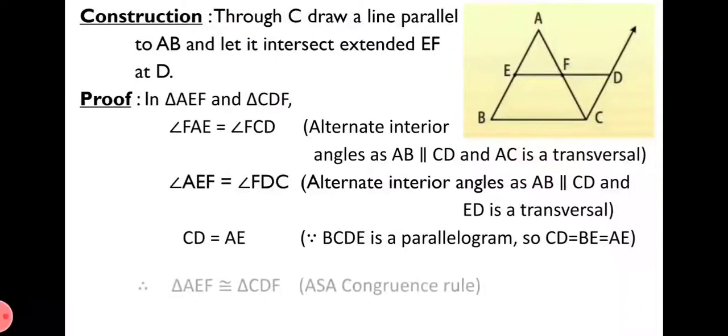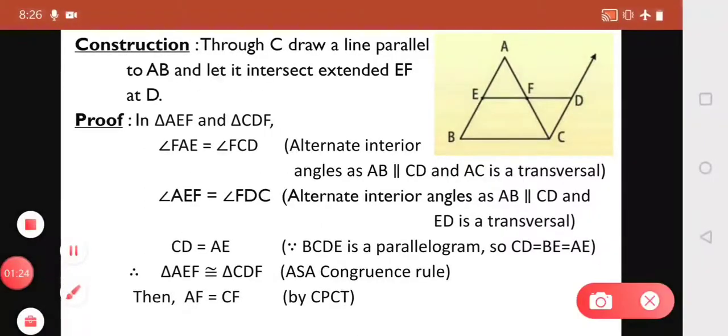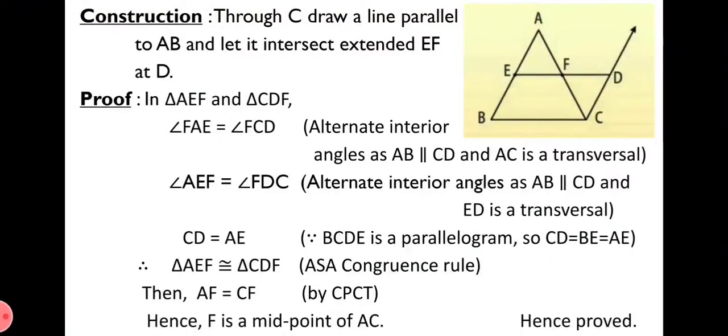Therefore, triangle AEF is congruent to triangle CDF by the ASA congruence rule. Implies that AF equals CF by CPCT. When these both are equal, that means F is the midpoint of AC. Hence, proved.